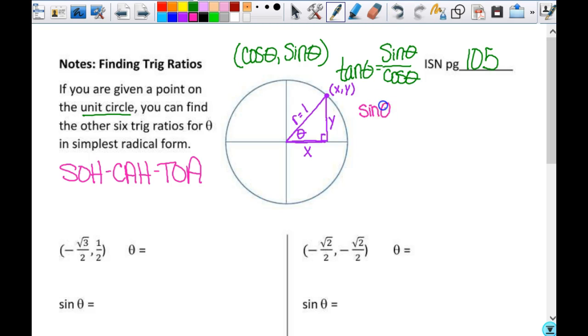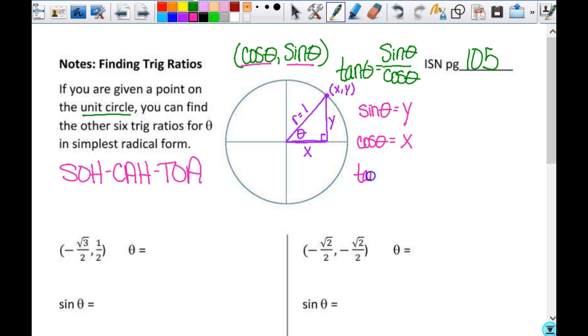The sine of theta, it is opposite over hypotenuse. So if this is theta, this is my opposite, this is my hypotenuse. So y over 1, which is just y, which we already knew because that's coming from there. Cosine of theta is adjacent over hypotenuse. So that's x over 1, which is the x value. So it is just x.